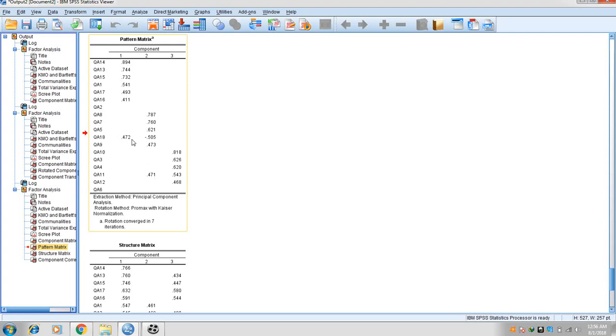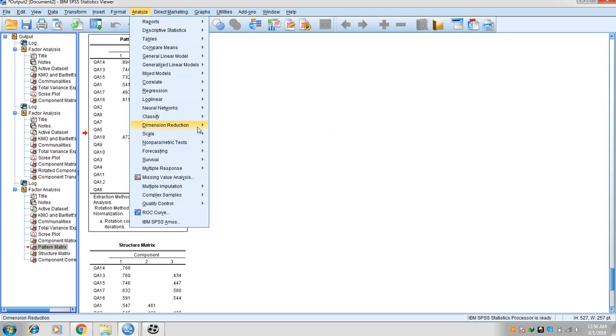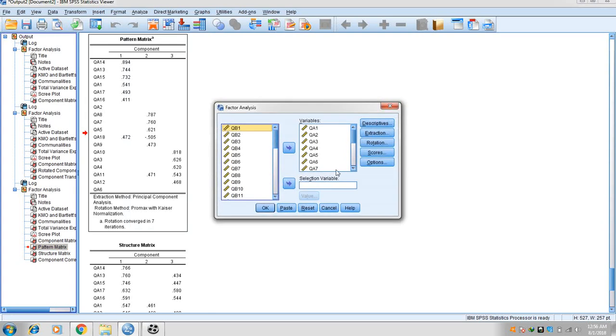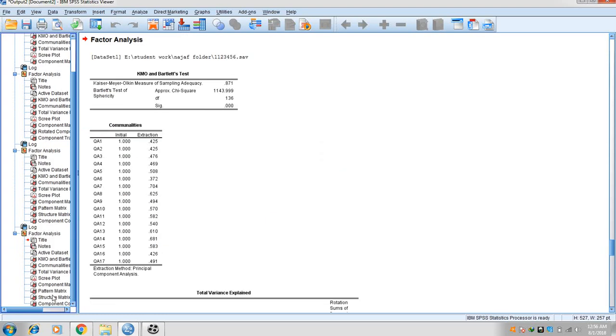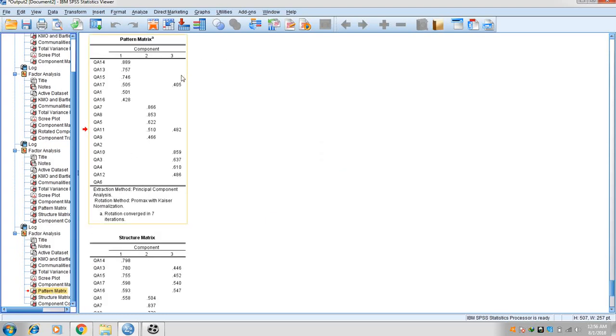So you have to delete the item which has the lower factor loading. In this case we have the negative factor loading, so we can delete this one. For question number 18, go to Analyze, Dimension Reduction, delete question number 18 and click OK. Go to the pattern matrix and you can see there are again 2 items, question 17 and question 11.